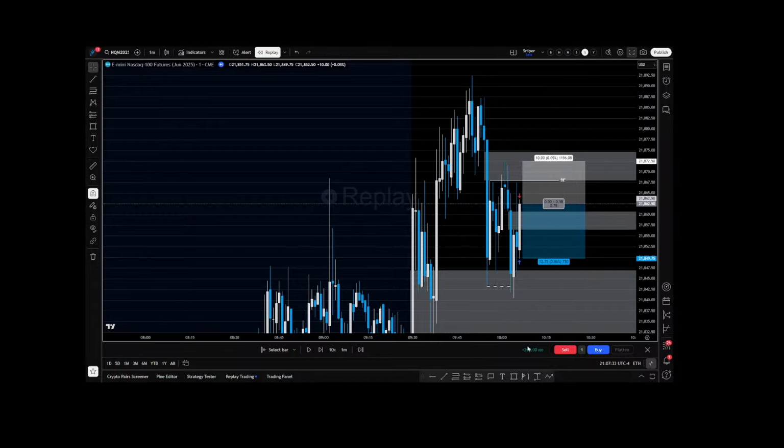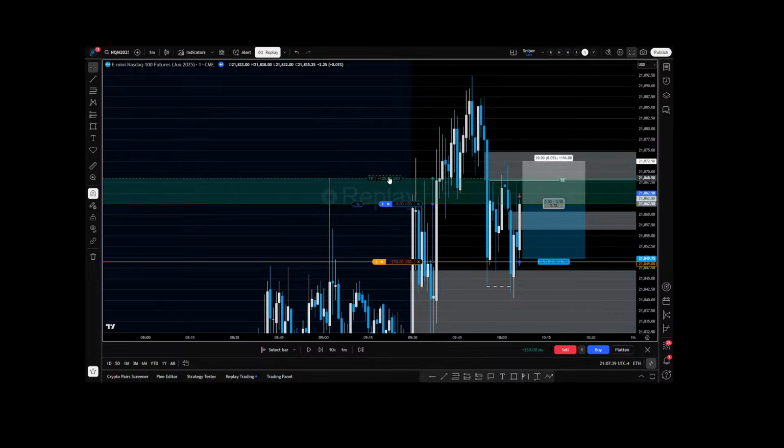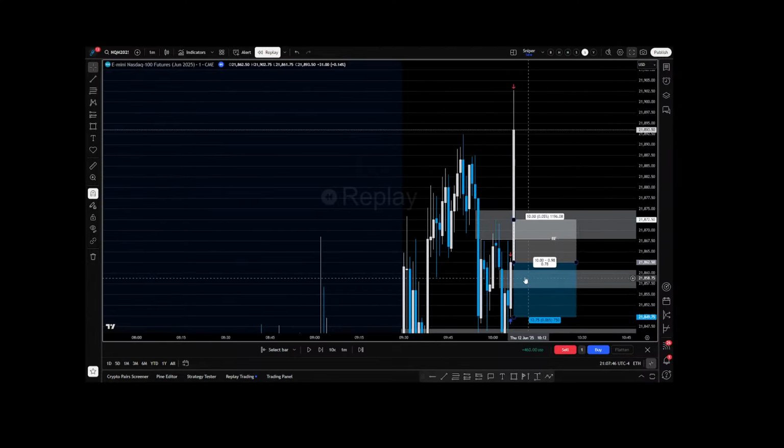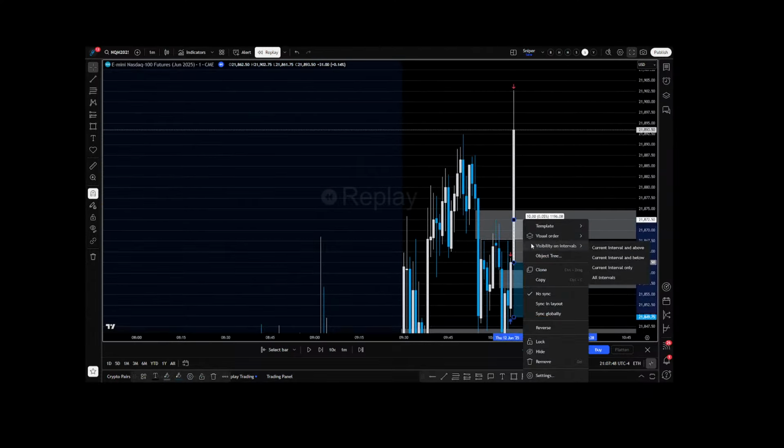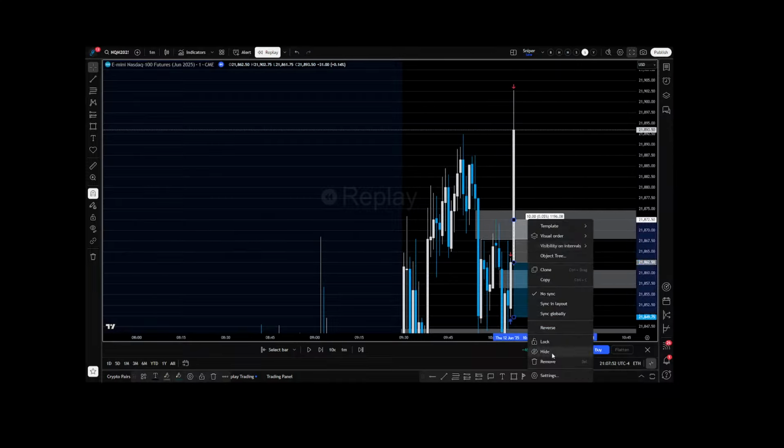But if we remember, we're up about 500. I'll put my stop just a little bit lower this time. There, TP at this high, and then this goes to take profit. Right, so break even stop would have been 6 points, and then market continues up.